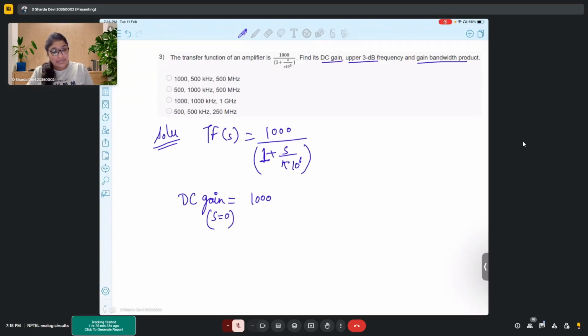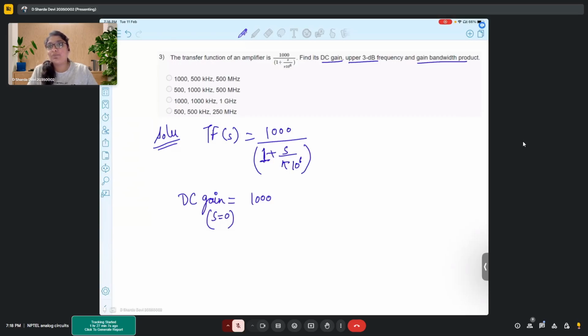Now, it says upper 3 dB frequency. So we talked about that whenever you encounter a pole or a 0, your gain either reduces by 3 dB if it is a pole, or it increases by 3 dB if it is a 0. Correct? But at what frequency does that difference come into the picture?